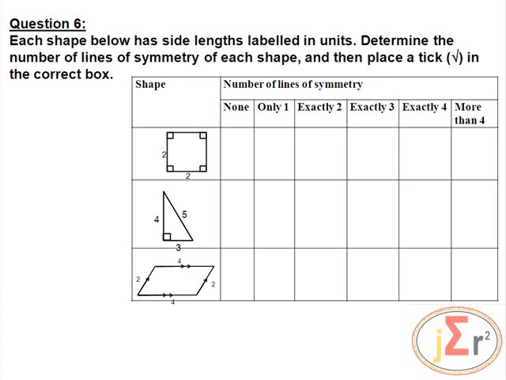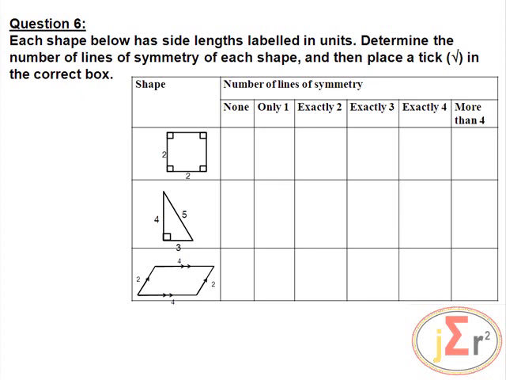So we have all of the shapes here, and the heading is shape and number of lines of symmetry. None, only one, exactly two, exactly three, exactly four, more than four. So we have the options which will tell us the number of lines of symmetry that the object has.